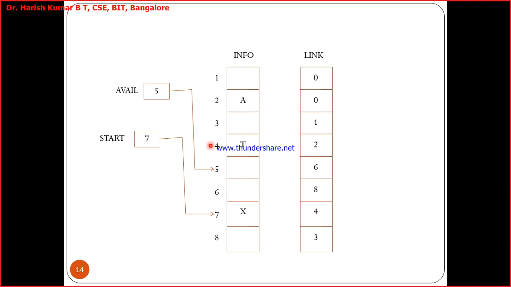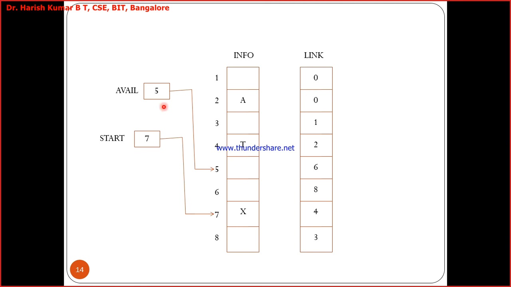I go to address 4, there I'll find T, and the node at address 4 is holding the info field T and is pointing to the next node, which is present at address 2. I go to address 2, where the node is holding the info field A, and next is 0, which indicates null. This is the last node.